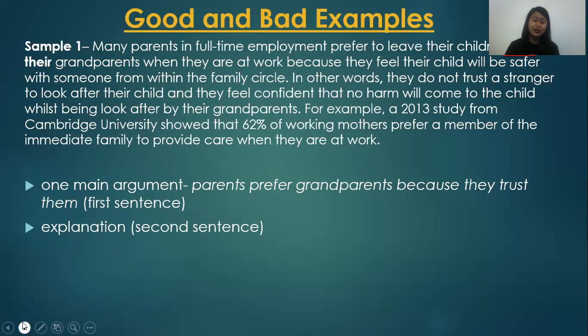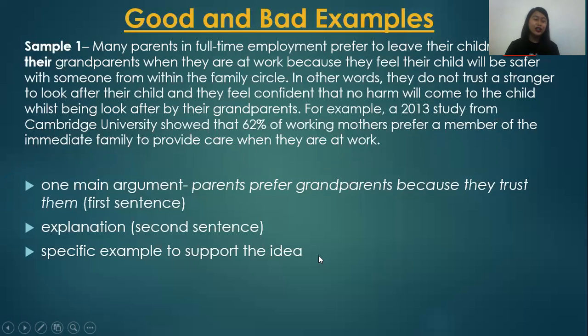And finally, this is supported by a specific example, which can be found in the last sentence. For example, a 2013 study from Cambridge University showed that 62% of working mothers prefer a member of the immediate family to provide care when they are at work.